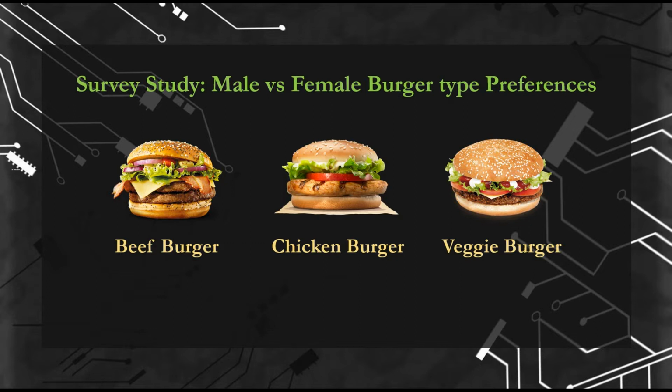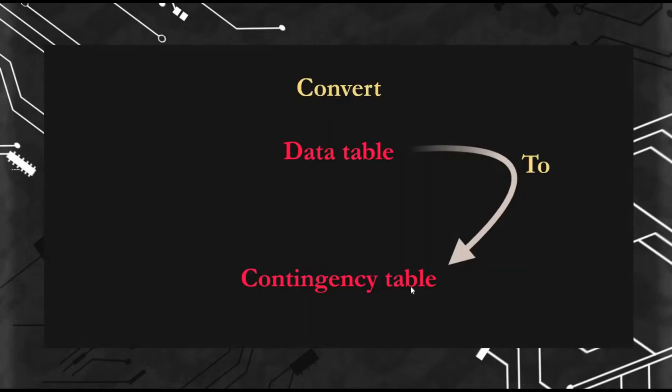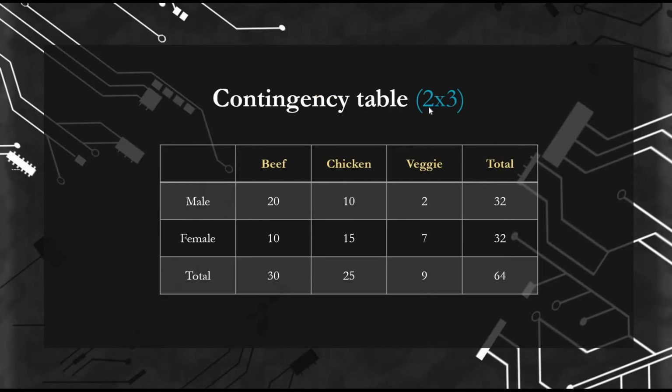We have 3 choices: beef, chicken, and veggie burger. After we collect the data, we want to convert our data table to a contingency table to be able to make sense of the data. So we will have 2 rows and 3 columns. We have male and female, and we have beef, chicken, and veggie burger. So now you collect your data and you build your contingency table.